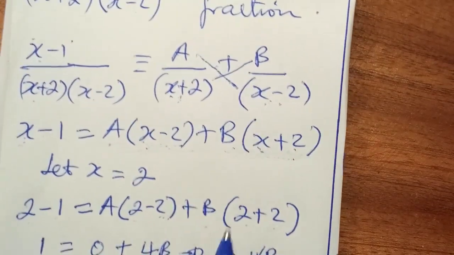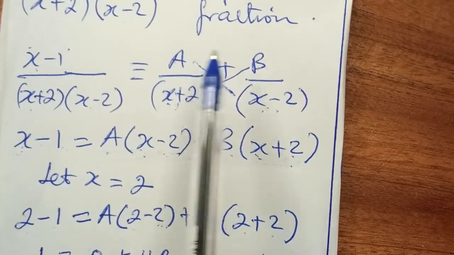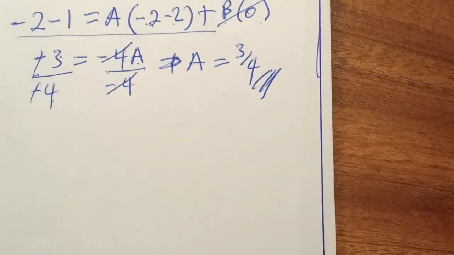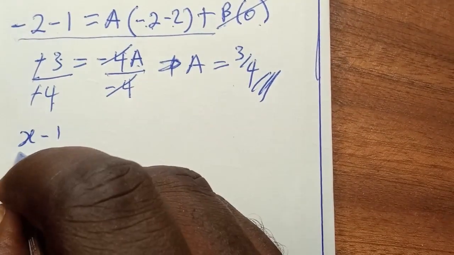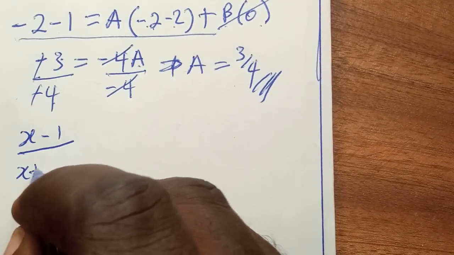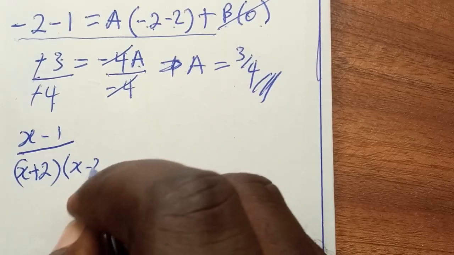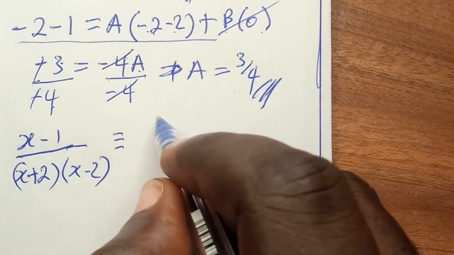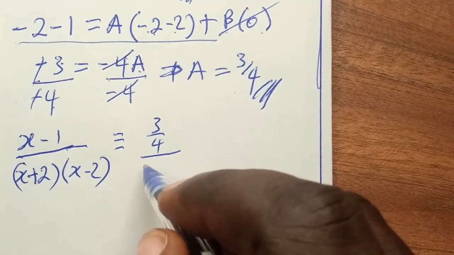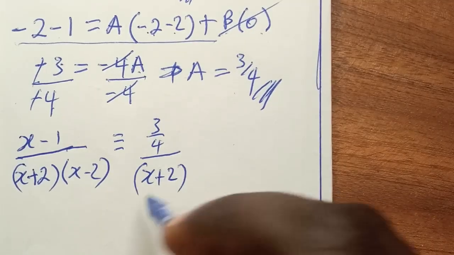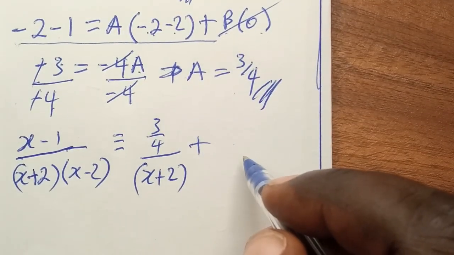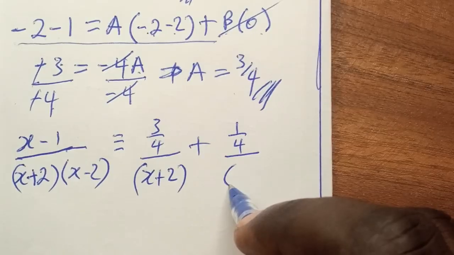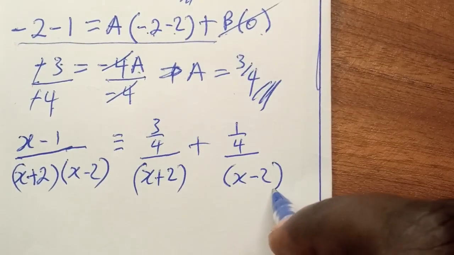Let's go back to this expression and insert A and B. So x minus 1 over x plus 2 into x minus 2 is the same as 3 over 4 all over x plus 2 plus 1 over 4 over x minus 2. That's the expression.